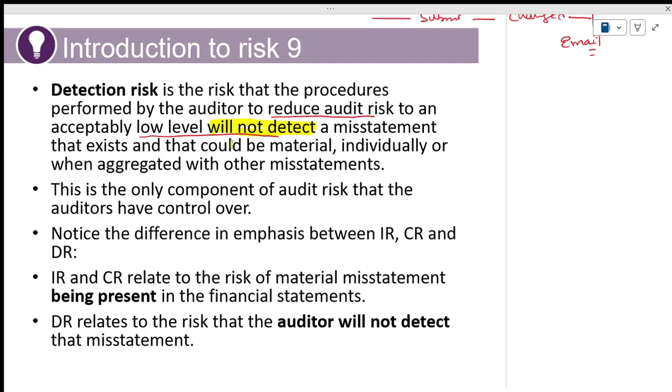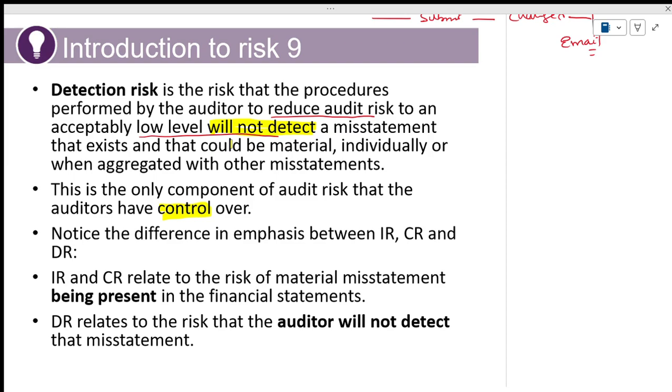When there are no controls, we cannot detect what is happening and what is not happening. We do not know what is there and what is not there. This is the only component of audit risk that the auditors have control over.